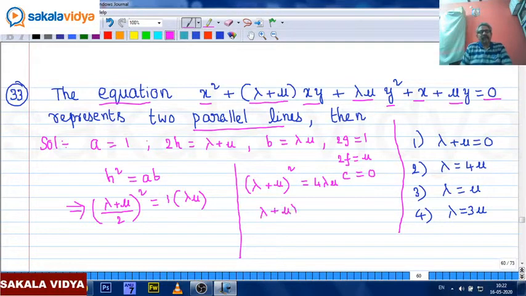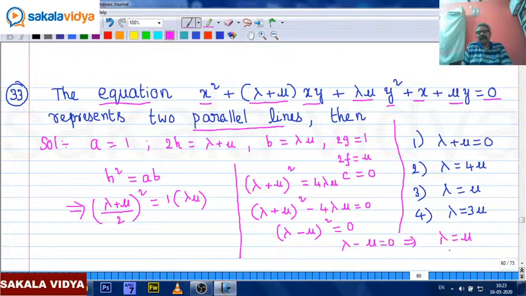Lambda plus mu whole square minus 4 lambda mu equal to 0. This is an algebra formula: lambda minus mu whole square equal to 0. That means lambda minus mu is equal to 0. That implies lambda is equal to mu. That means the third option is the right option.